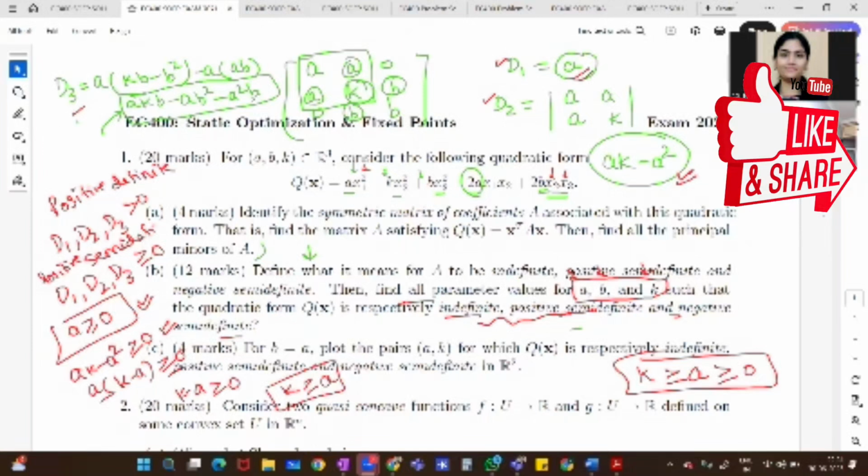Now, for the third one, I need to find out the value for B. So for that, I'll put D3 greater than or equal to 0. That means AKB minus AB square minus A square B is greater than or equal to 0. So what will you get from here? You need to find out B. First of all, can I divide the whole inequality by AB?